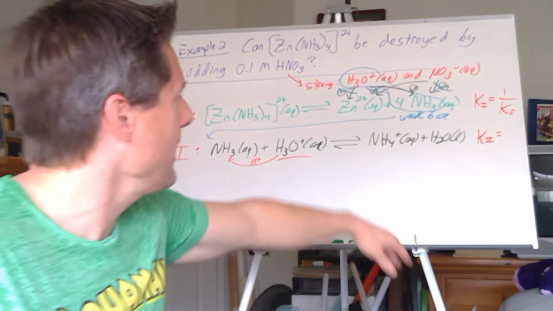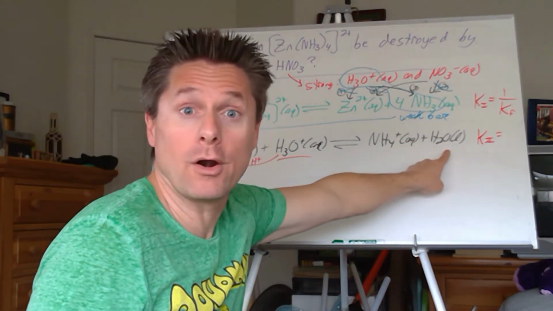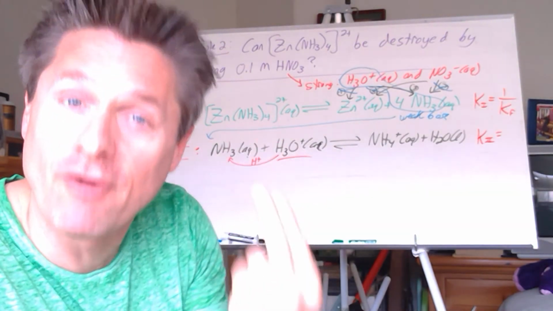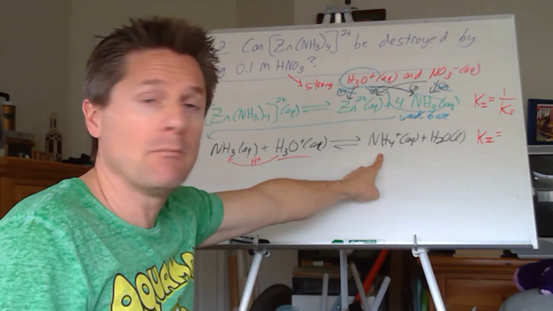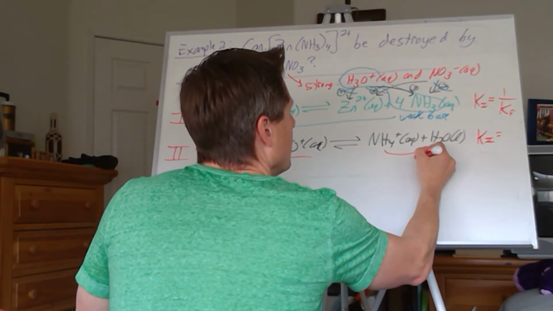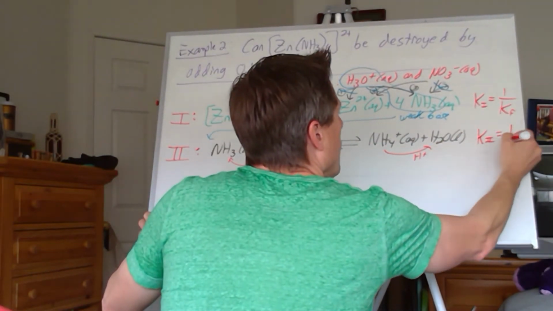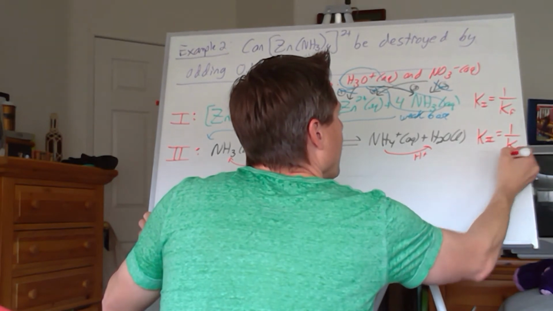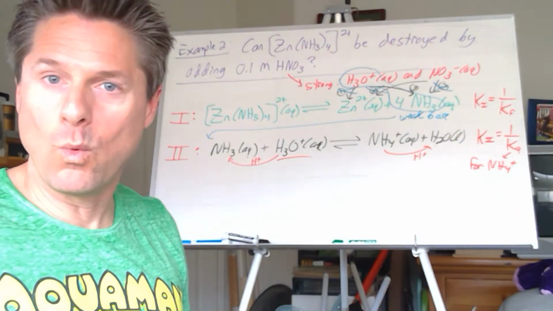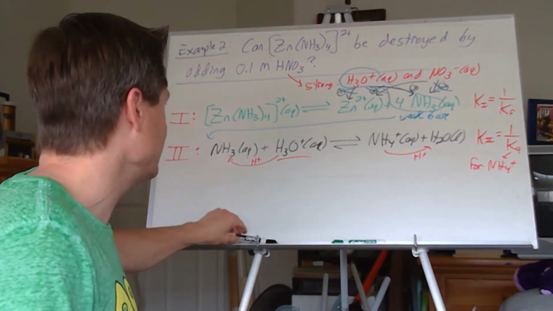Remember, a Ka is something reacting with water to form hydronium. This is the reverse of the ammonium ion acting as an acid. You see that? So this is 1 over Ka for the ammonium ion. Whoa, that's getting crazy.